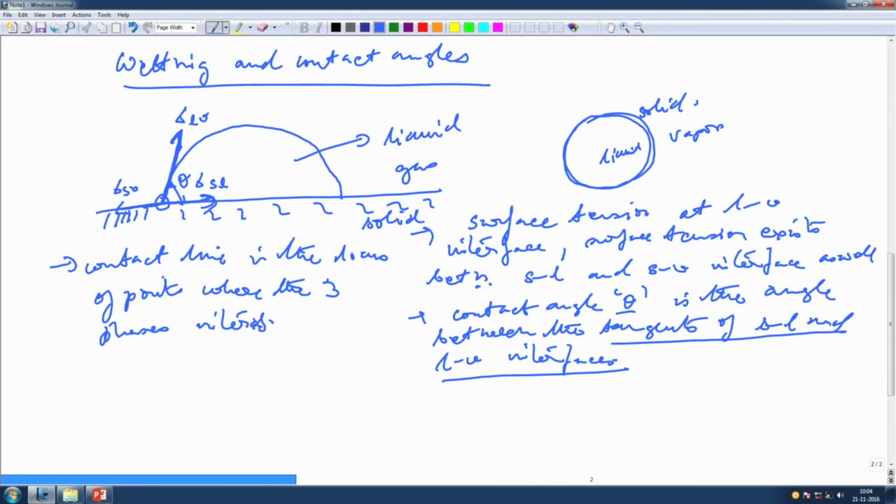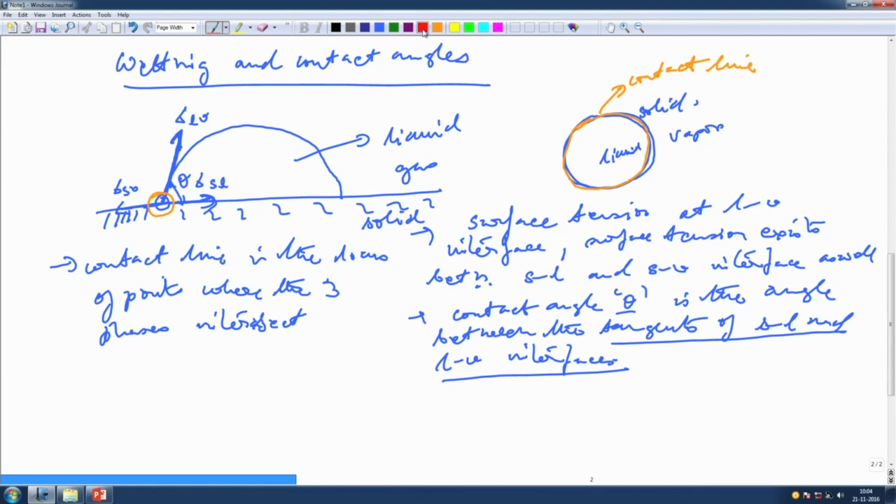That means, as you can see, if you highlight this particular point, this is the circumferential region, because what you look at as a point in the side view is basically a circumferential or perimeter type of line. This is nothing but the contact line.